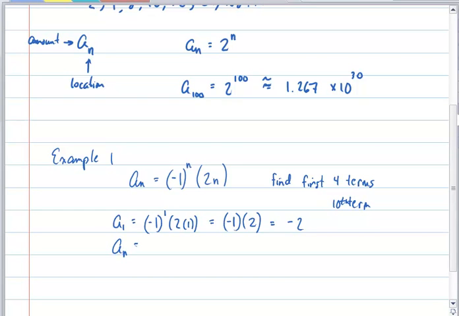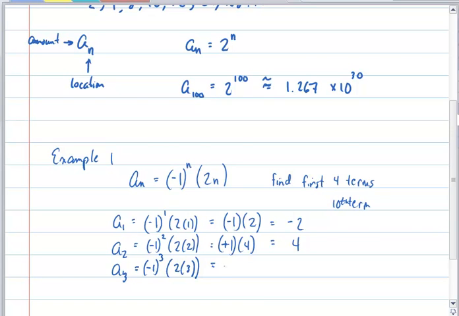The next term would be -1 squared times 2 to the second, and that would be +1 times 4. And the next term would be -1 to the third times 2 times 3, which would be -6, and so on.